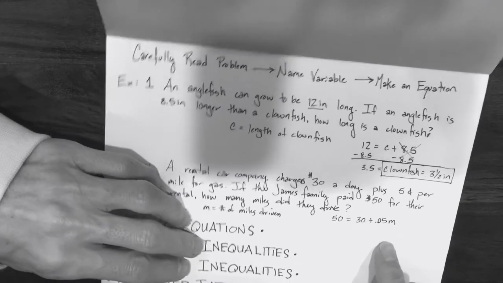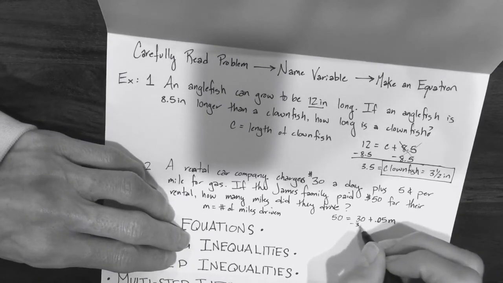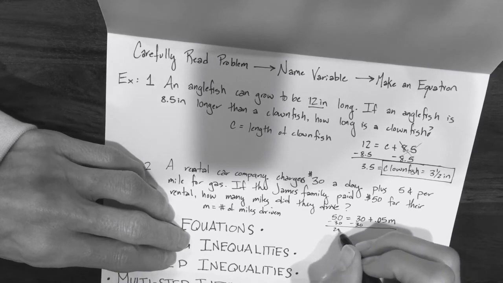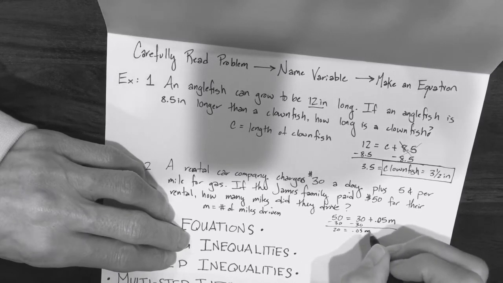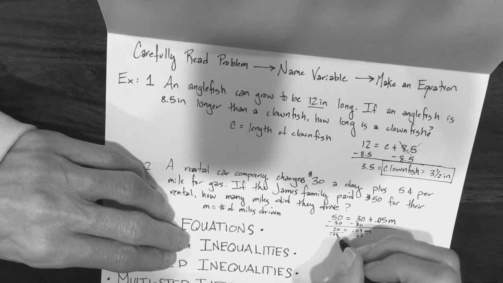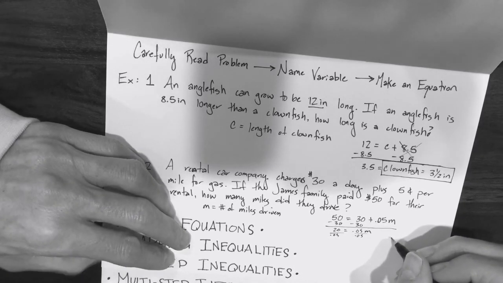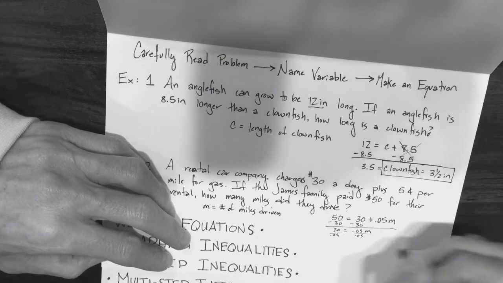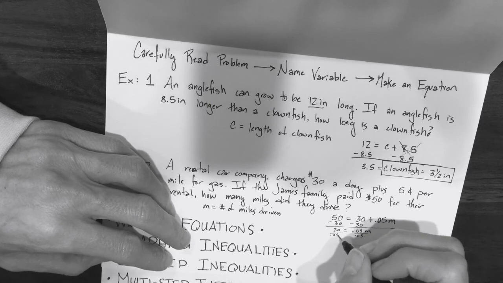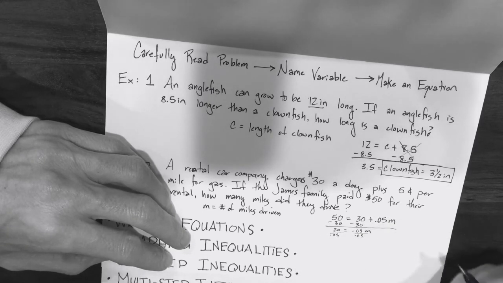So to solve this equation, we would first subtract 30 from both sides. And we get 20 equals 0.05 times miles, and then we divide by 0.05. And you can do that off to the side, but just think about how many times 5 goes into 20 and add a couple zeros to it.